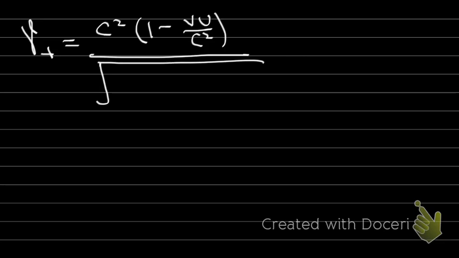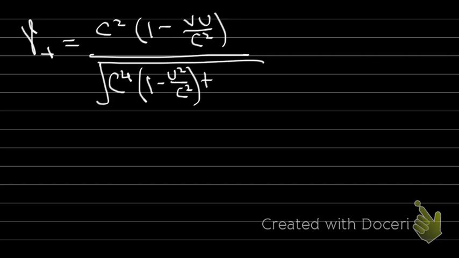Actually, I would take c power 4 outside, right? Let me take c power 4 outside, and once I do that, in that way I would get inside 1 minus u squared over c squared. So now I got this term that looks like the Lorentz factor, right?